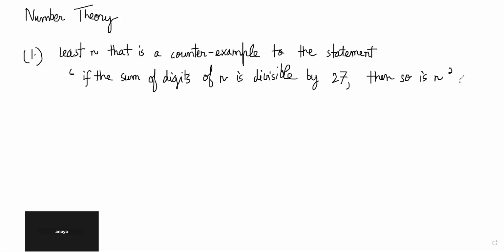If you divide by 9, you'll get 211, and 211 is no longer divisible by 3. So it cannot be divisible by 27. Okay, so the answer for this is 1899, the smallest n that is a counterexample.